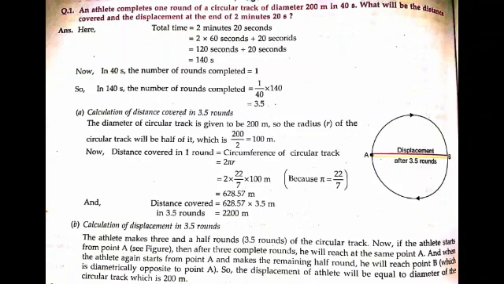Second part of the numerical is to calculate the displacement. The athlete makes 3.5 rounds of the circular track.